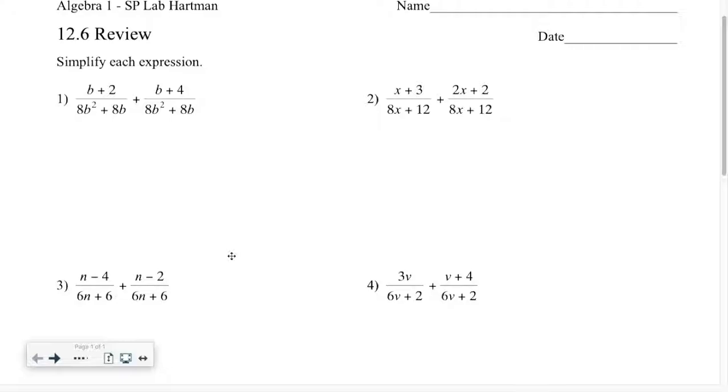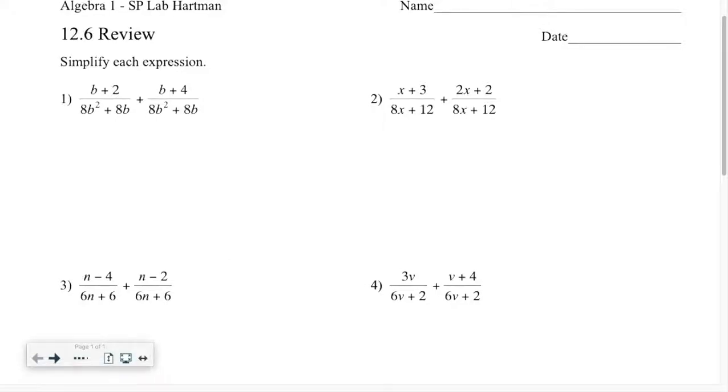Okay. So as you can see, these two fractions have a common denominator already. That denominator is 8b squared plus 8b. So what we really need to do is just add the numerators, b plus 2 plus b plus 4.